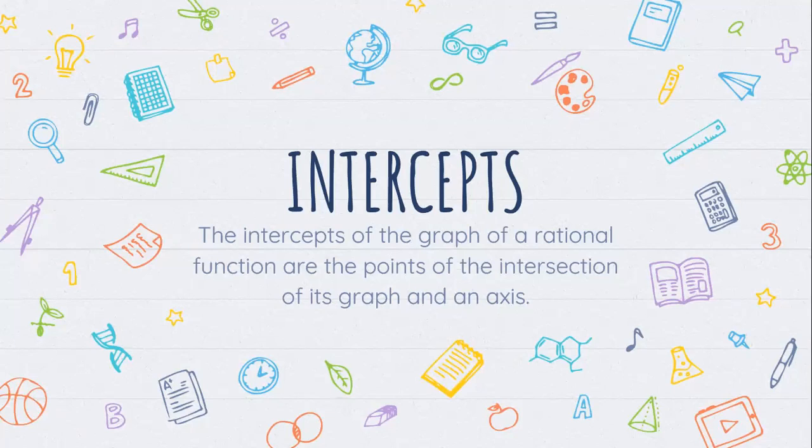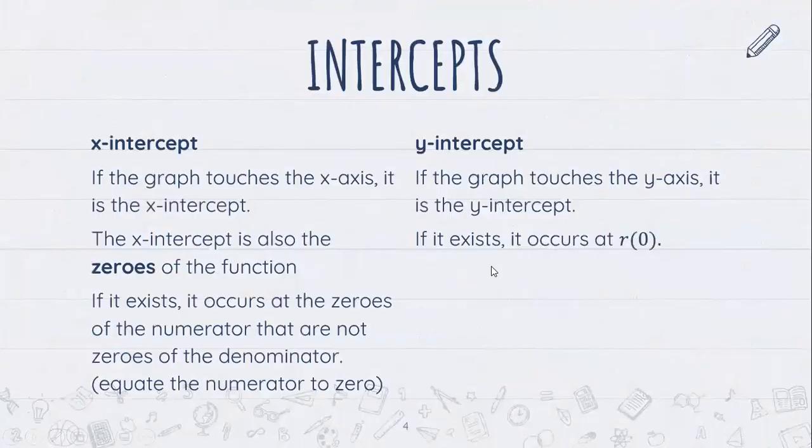Okay? Later on we will have an illustration for that. So, we have two kinds of intercepts. We have the x-intercept and the y-intercept. From the word itself, x-intercept, if the graph touches or crosses our x-axis, that is the x-intercept.